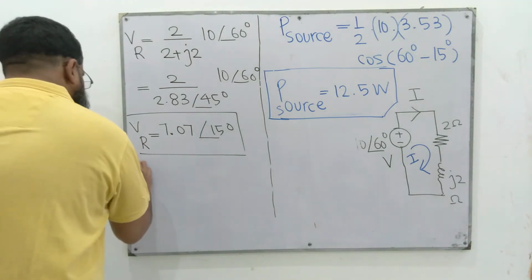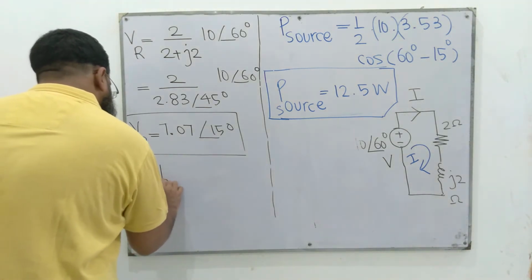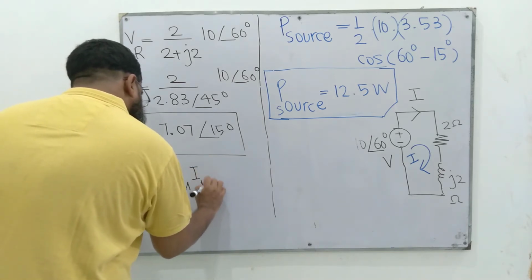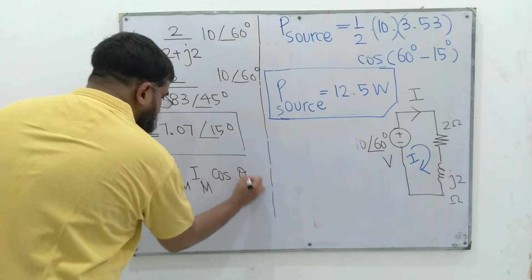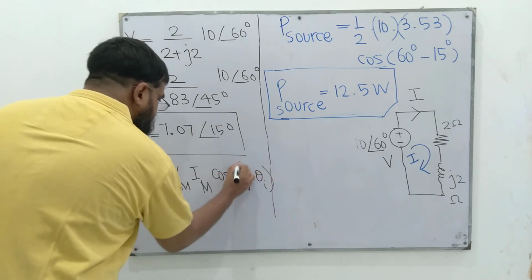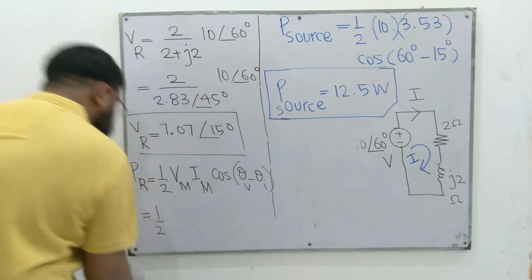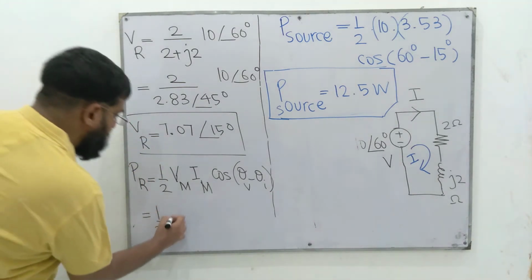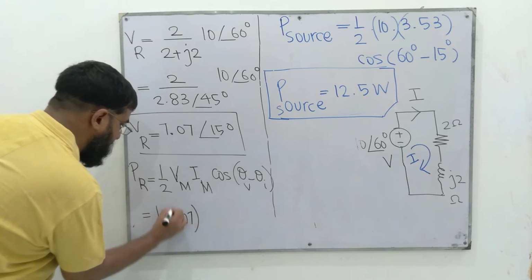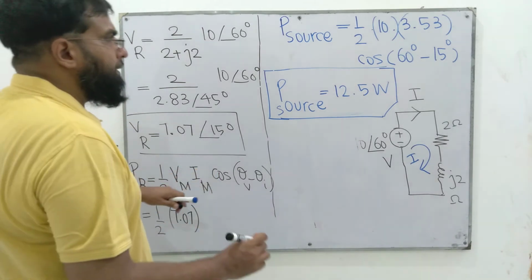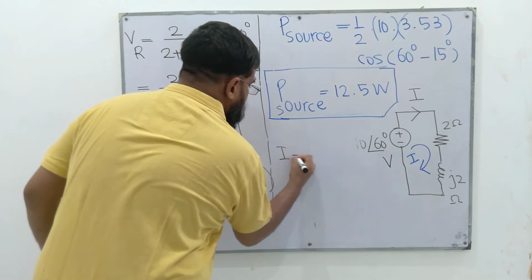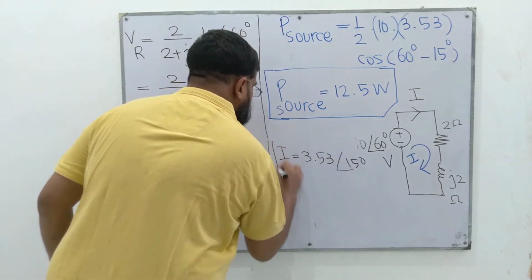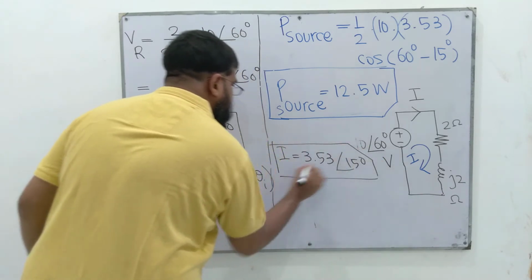Now we can compute PR, which is 1/2 Vm Im cos of theta V minus theta I. The magnitude of the voltage drop across the resistor is 7.07. The current we computed is 3.53 at an angle of 15.